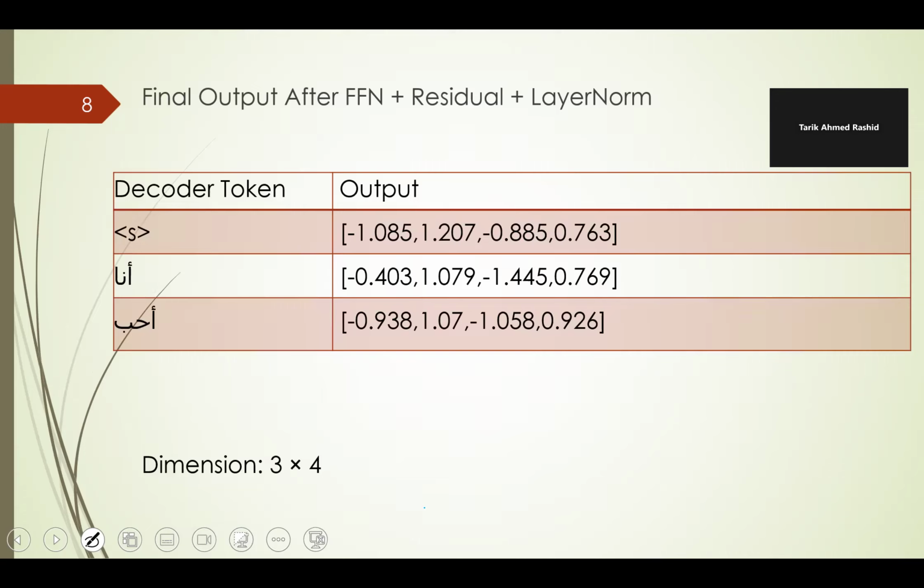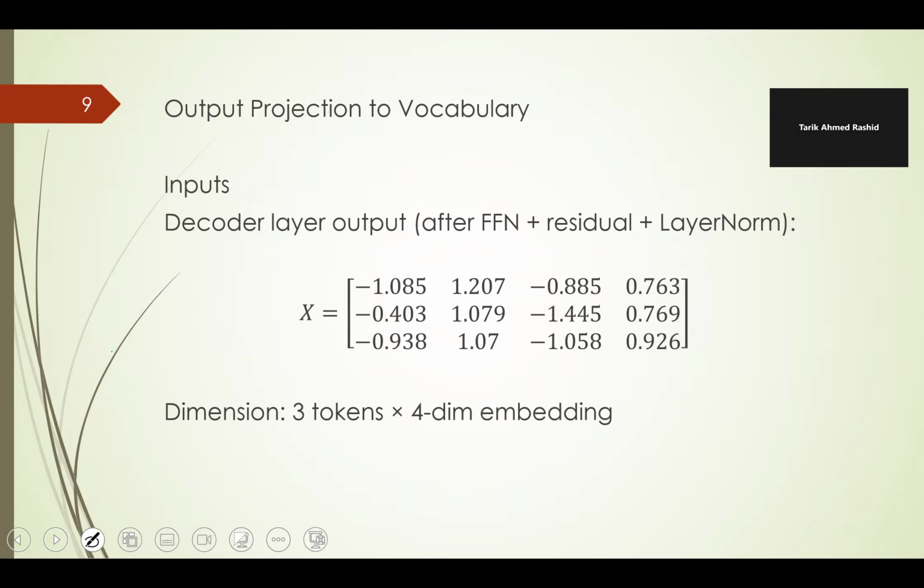Now, that's the final result after feed-forward, residual, and layer normalization. We have this array, token 1 start, token 2 Ana, and token 3 Ahab. So this is 3 by 4 dimension. Now, what does it mean? That's the result that we have.